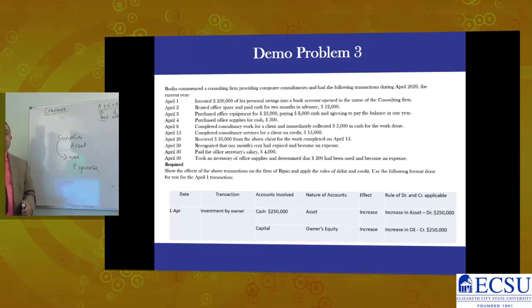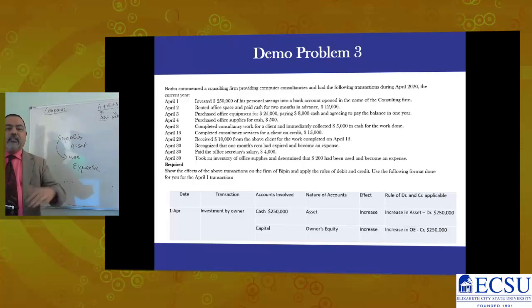Now, I'm going to go over demonstration problem number 3. Bodin commenced a consulting firm providing computer consultancies and had the following transactions during April 2020, the current year. You can see first is April 1st, he invested 250,000 of his personal savings into a bank account opened in the name of the consulting firm.